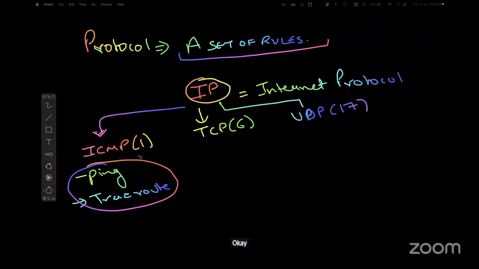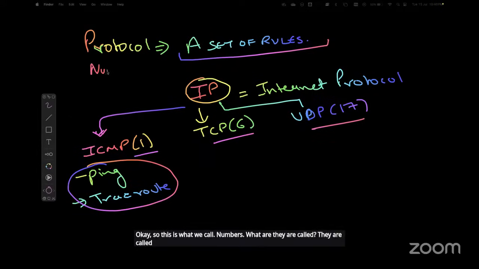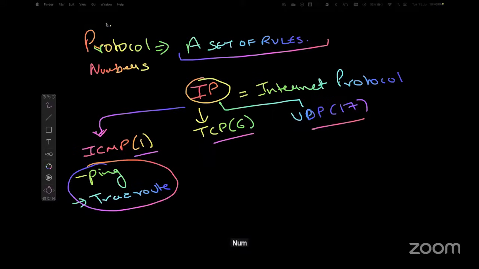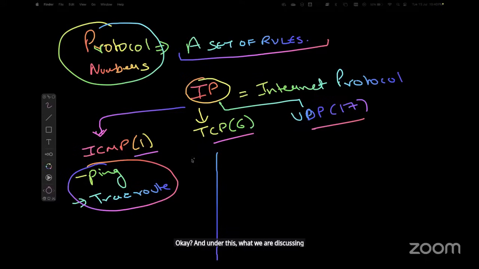Okay, so what are these numbers called? They are called protocol numbers. This is the biggest rule. And under this, in TCP, HTTP is a protocol.